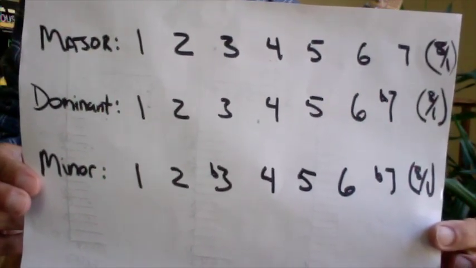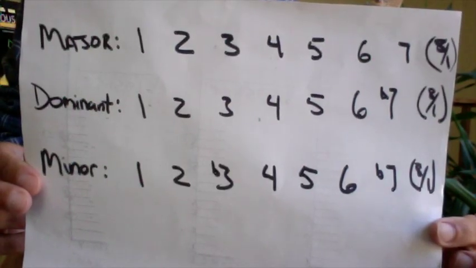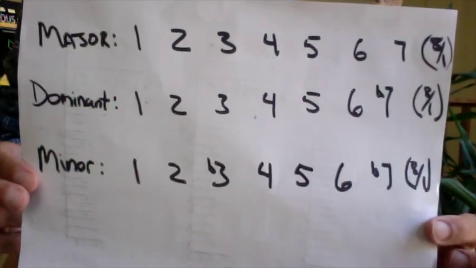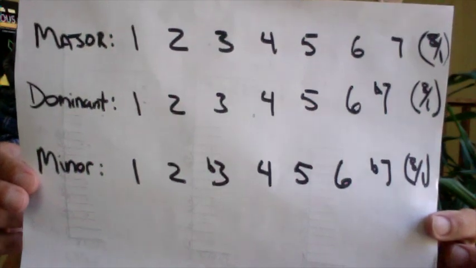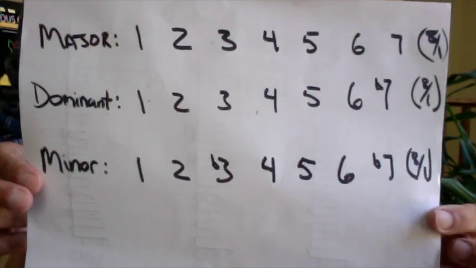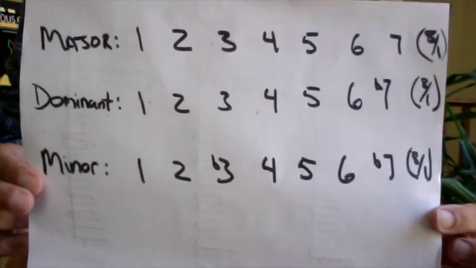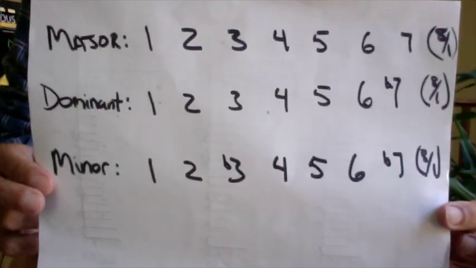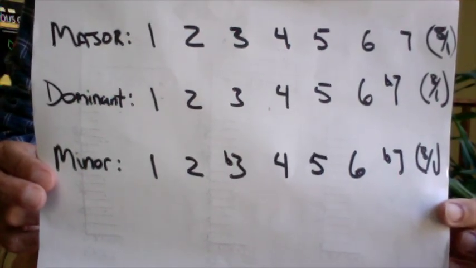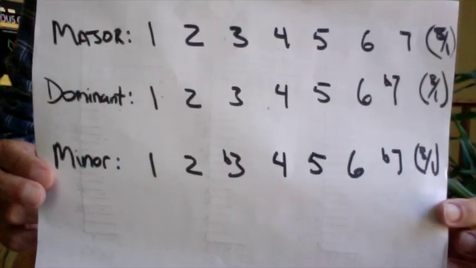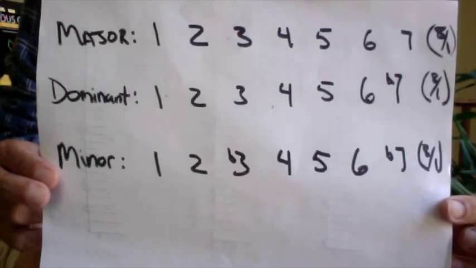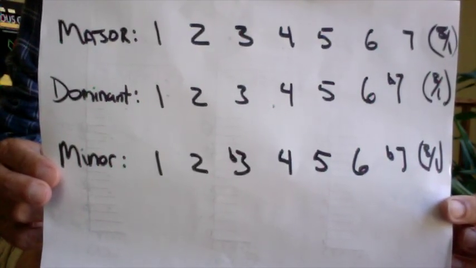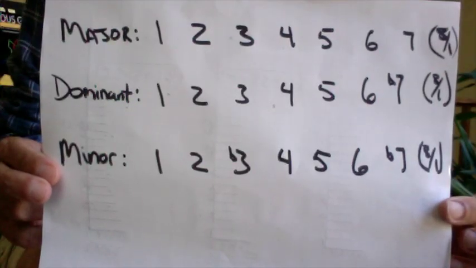You're going to need to look at the intervals in all 3 scales to give me the answer, but the answer is in that major scale up on the top. Okay, so the question is this. What interval is in the major scale but not in the other 2 scales?